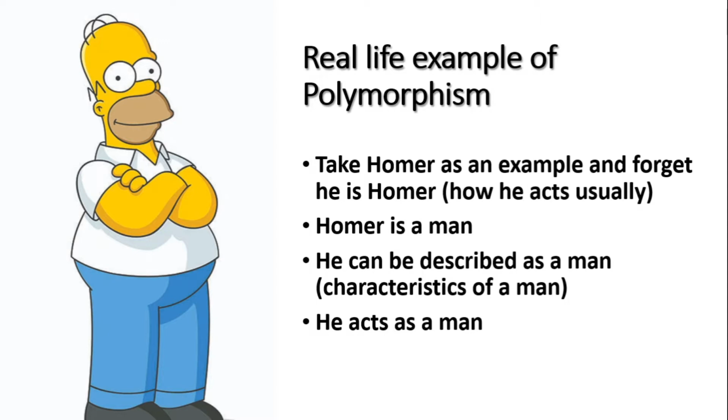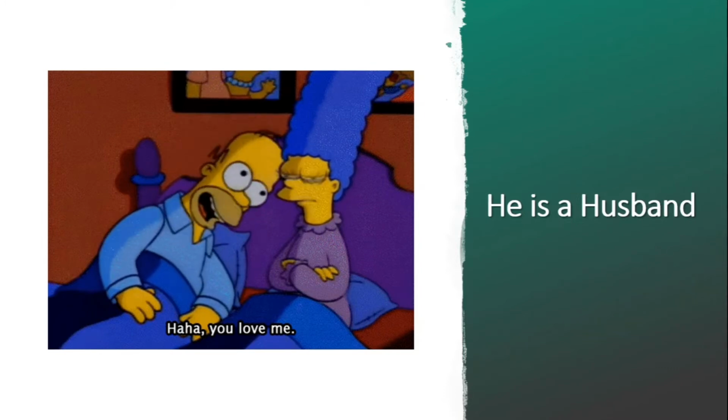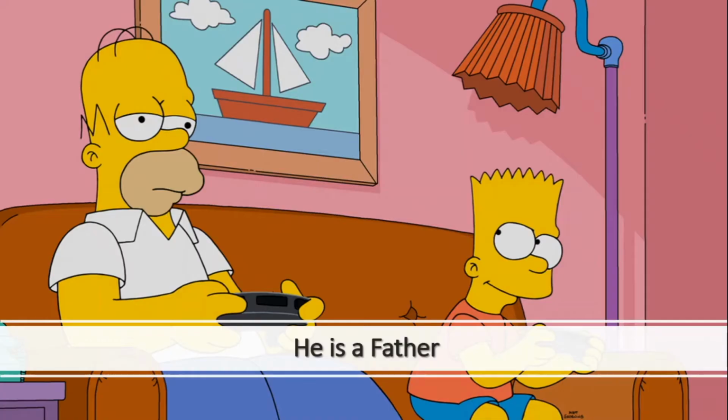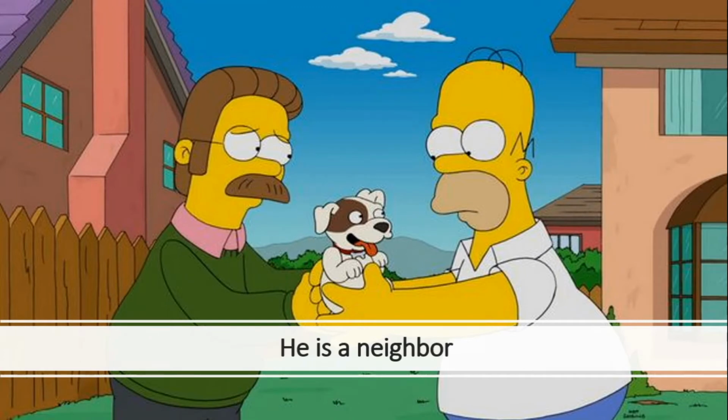At the same time, Homer is a husband. And also, Homer is a father. And also, Homer works, so he's an employee somewhere. And then after he comes back from work, he's a neighbor.